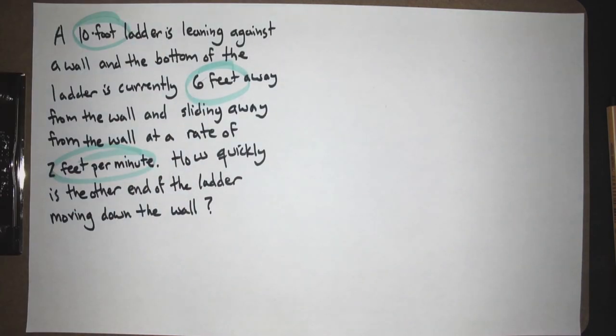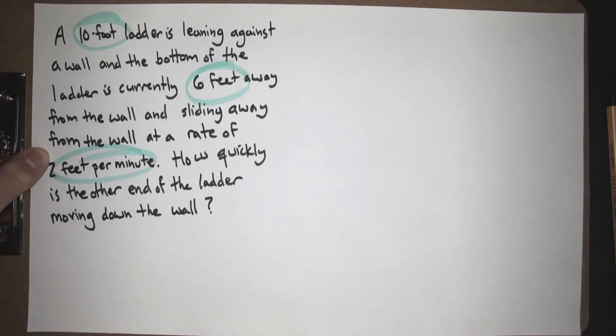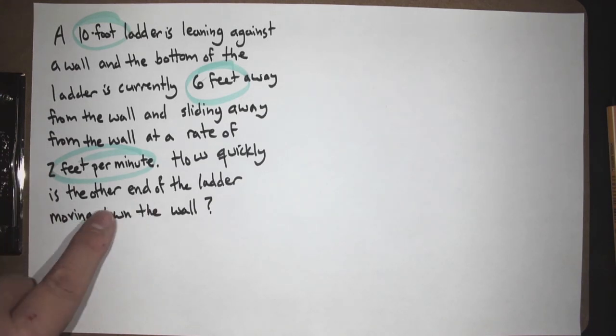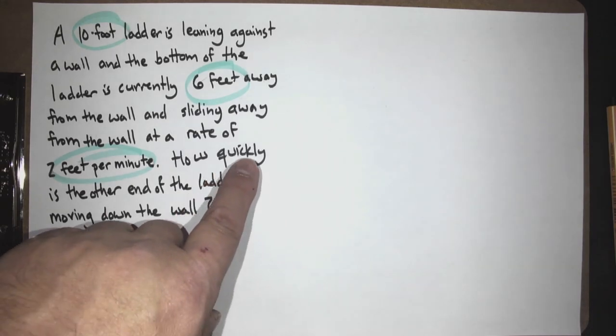What are some things about this problem that would say you're looking for related rates? Well, it's giving you one rate. See, that's 2 feet per minute. That's a rate. And what is it asking you to do? Right, it's asking you to find another rate. Because it's, how quickly.